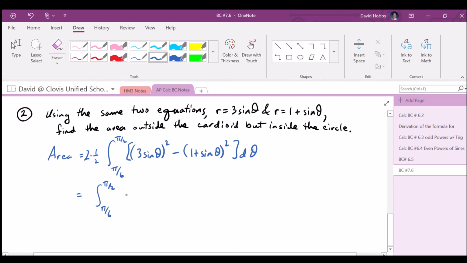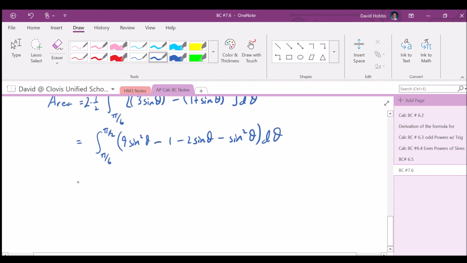And we have 9 sine squared theta. And we just recently multiplied stuff out like this, so we know it's going to be minus 1 minus 2 sine theta minus sine squared theta d theta. So we have pi over 6 to pi over 2.